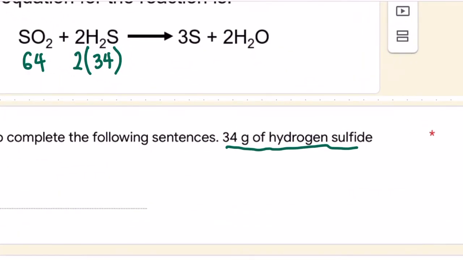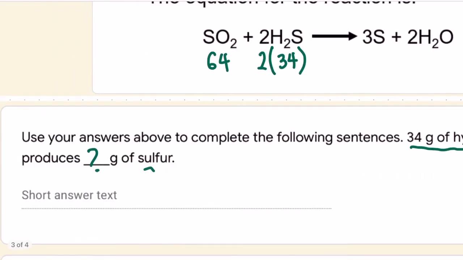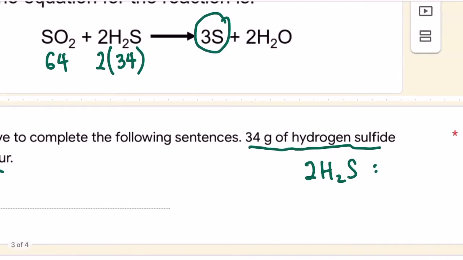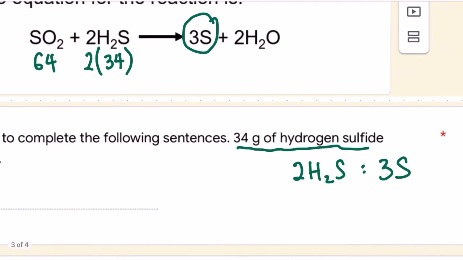When you take hydrogen sulfide, you must copy exactly the same as what is on the equation. Okay, this time you need to include the 2 in front. 2 H2S to the ratio with sulfur. So sulfur is this. So you also need to take the 3 in front of the sulfur. 3S. Okay, so we have the numbers here already.